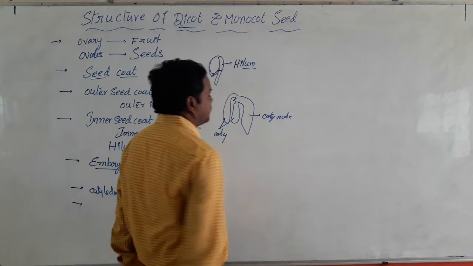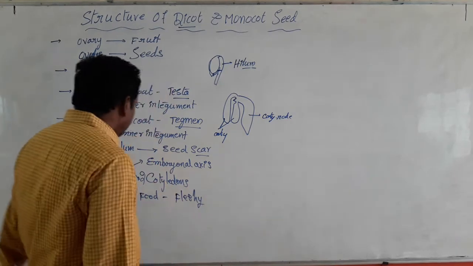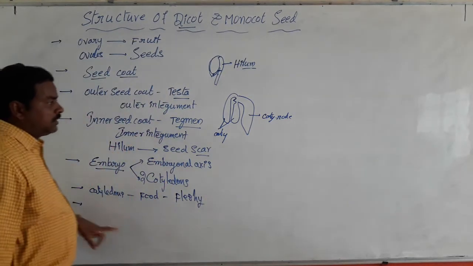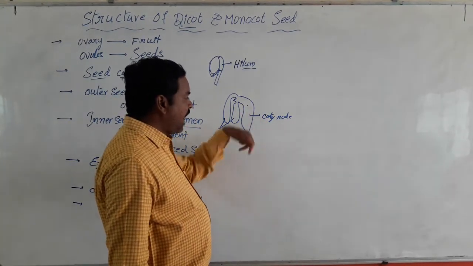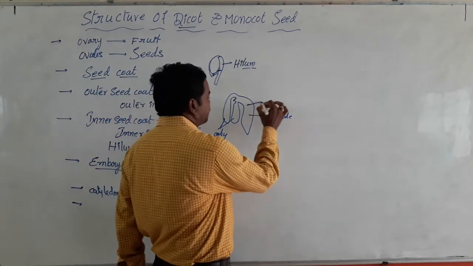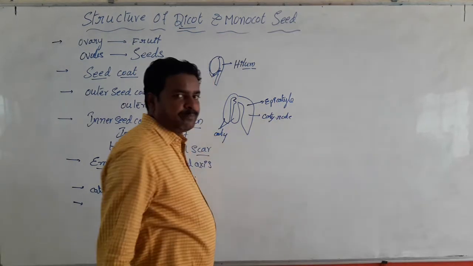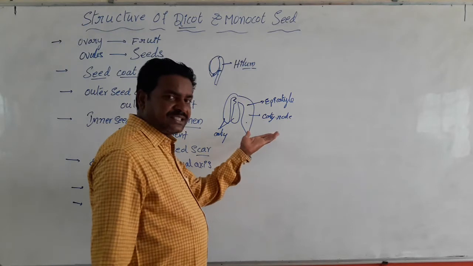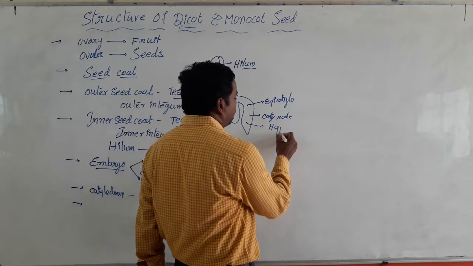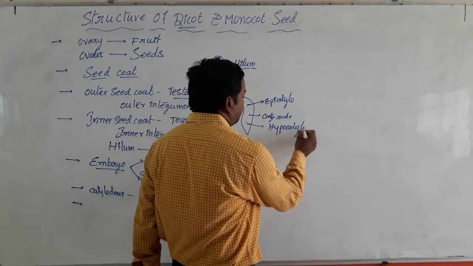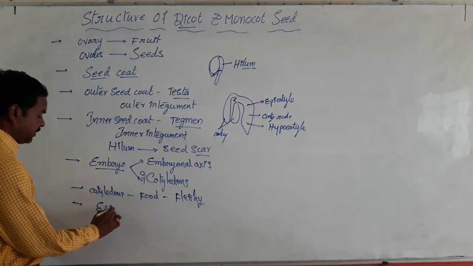The part of the embryonal axis present above the cotyledonary node is called epicotyl. Similarly, the part of the embryonal axis present below the cotyledonary node is called hypocotyl.